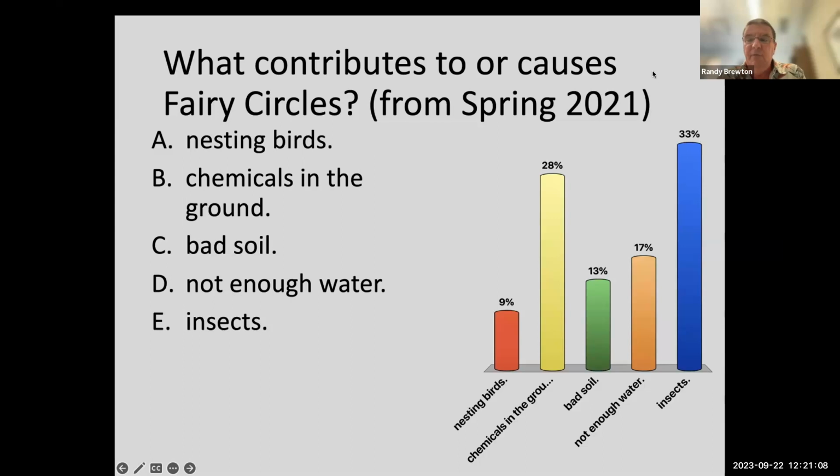And look at that. A few of these are similar or in the general area of some of the suggestions that you guys are suggesting. Nesting birds, potentially, they're making that kind of clear area. Chemicals in the ground, bad soil, not enough water. So a couple of you had something about water availability, insects.